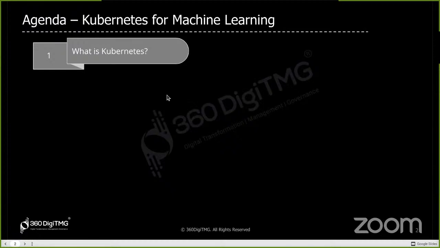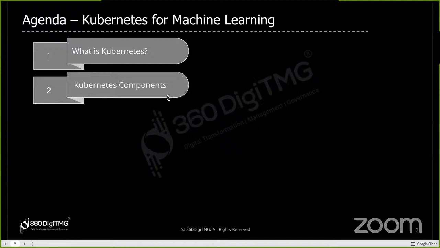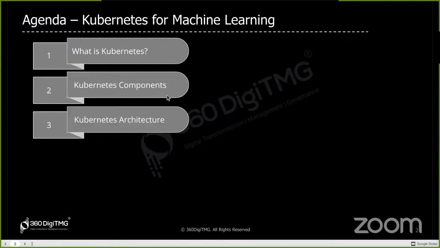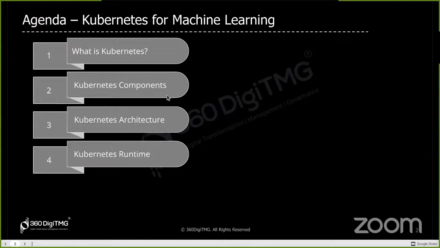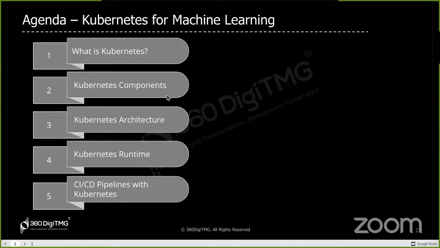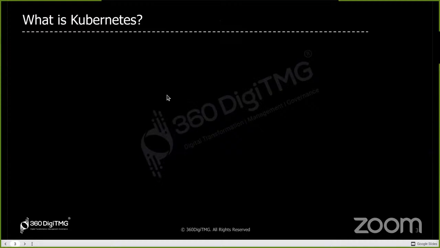What is Kubernetes? What are the different components of Kubernetes? What is the architecture followed by Kubernetes? Okay, and we will go and understand the architecture. What is the runtime? What is the meaning of CI/CD pipeline? And of course, let's get started.